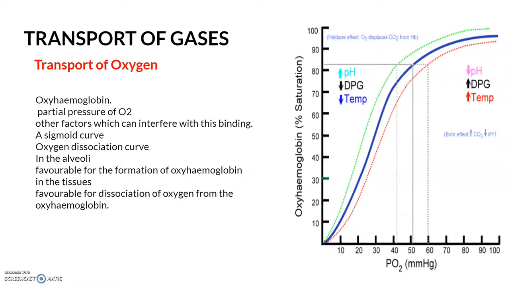Whereas in the tissues there is a low partial pressure of oxygen, a high partial pressure of carbon dioxide, high hydrogen ion concentration and higher temperature, and these conditions are all favorable for the dissociation of oxygen from oxyhemoglobin.